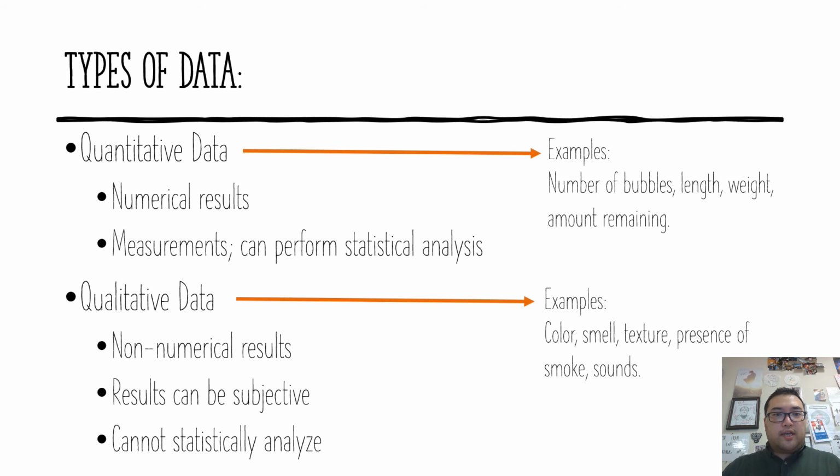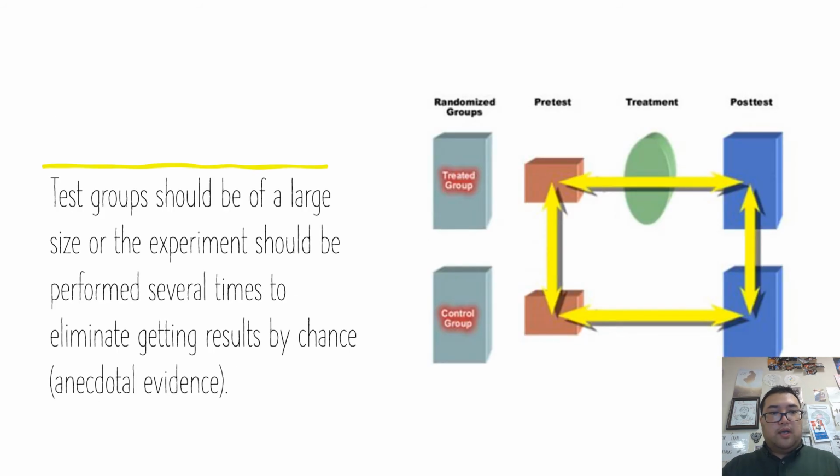So types of data. Quantitative data, again, means numbers, easy. Quantitative, counting. Qualitative, quality. So these are non-numerical results. Examples would be color, smell, texture, presence of smoke, or sounds. The results can be subjective. So test groups should be of a large sample size, or the experiment should be performed several times to eliminate getting results by chance.